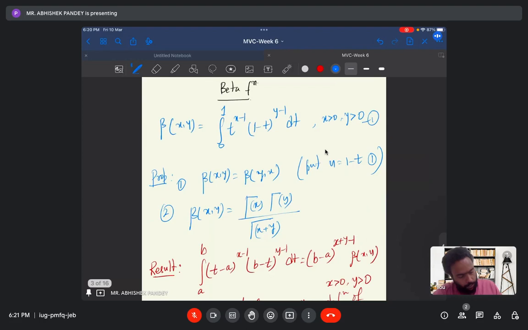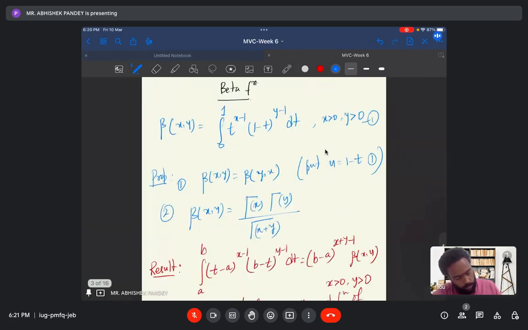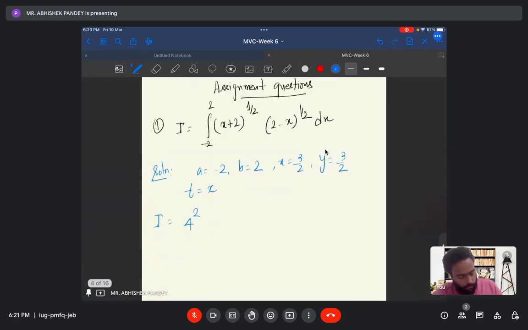So this will be b minus a to the power x plus y minus 1. b minus a will be 4, and x plus y minus 1 is 3 by 2 plus 3 by 2 minus 1, which is 2. So 4 square, which is 16, into beta of 3 by 2 comma 3 by 2.